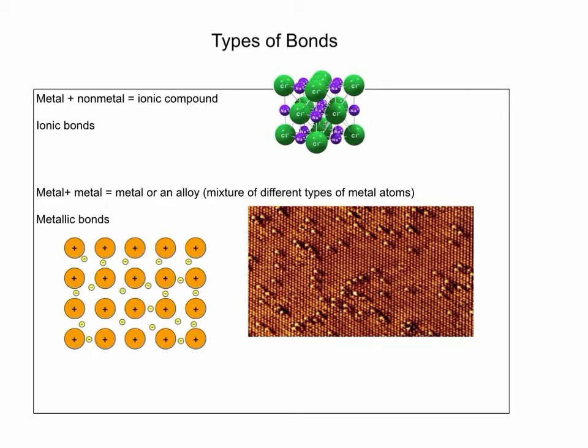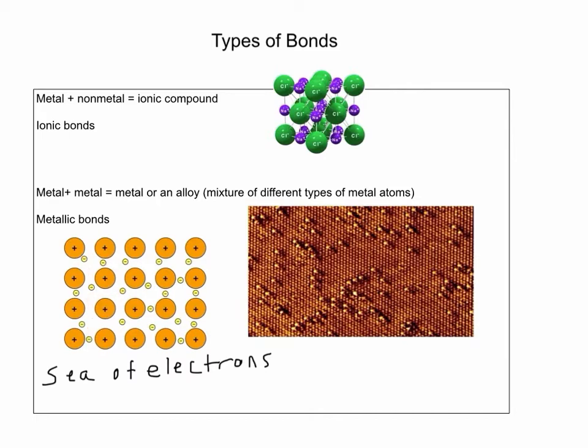If we look at a cartoon sketch of what's really going on, because we can't really see the nuclei and the electrons in the image, we can see that metallic bonds have nuclei close together, but they have electrons scattered between them. We can think of these electrons as a sea of electrons. And just like the actual sea or the ocean, these electrons can flow back and forth between the nuclei.